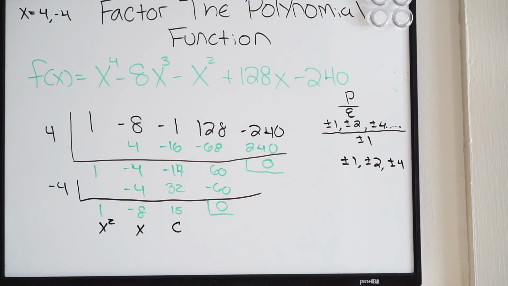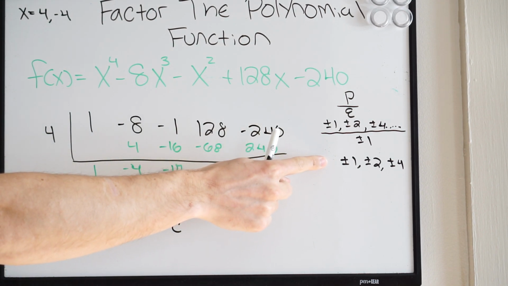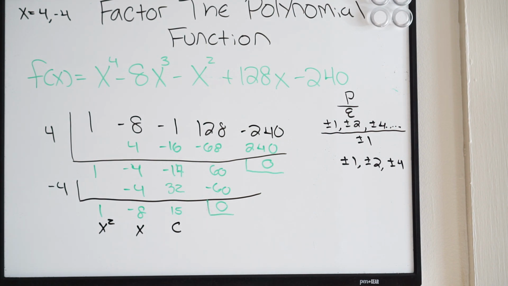At this point, I want to try to factor this, because remember, this is only testing for rational roots. So there's a possibility that I could have an irrational root here. Using factoring will give you the definite answer. So if possible, always try to factor.